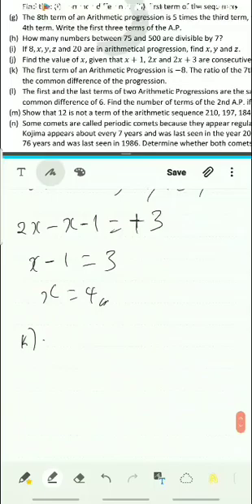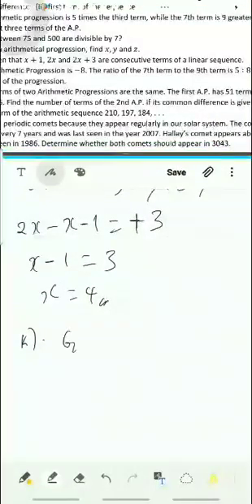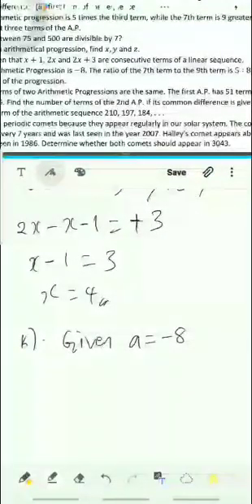The first term of an arithmetic progression is negative 8. So we are given that A is equal to negative 8. The ratio of the 7th term to the 9th term is 5 to 8.